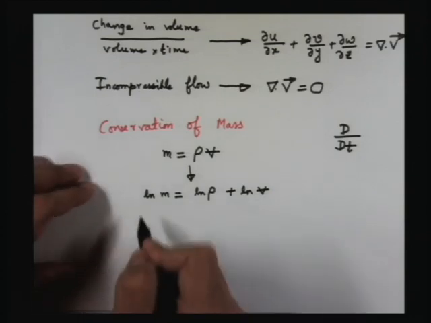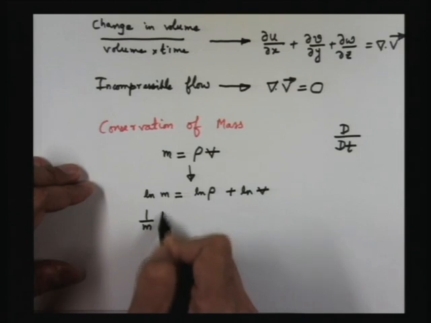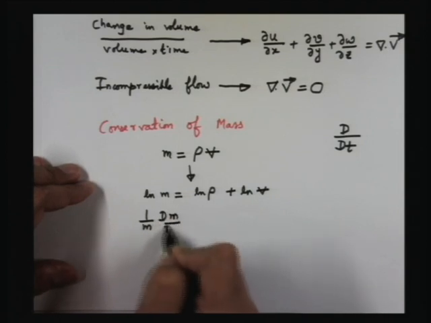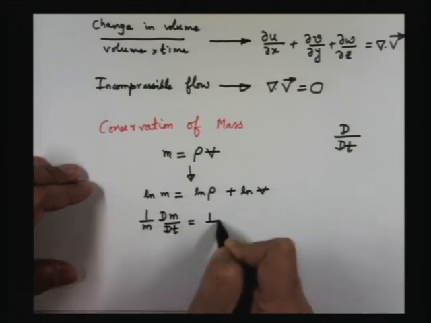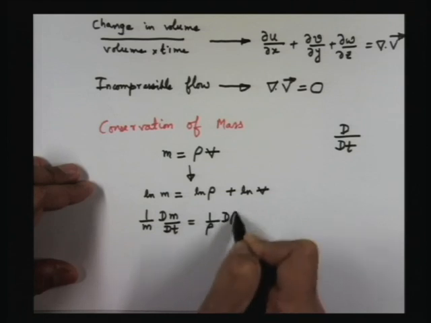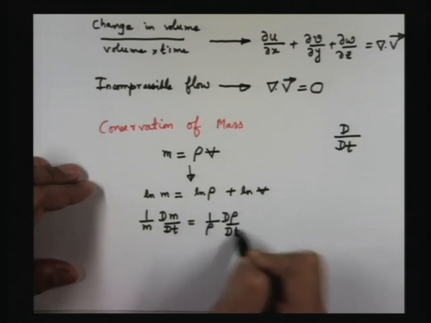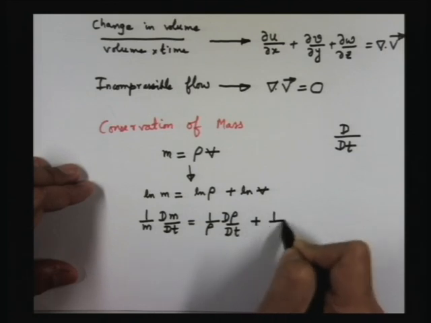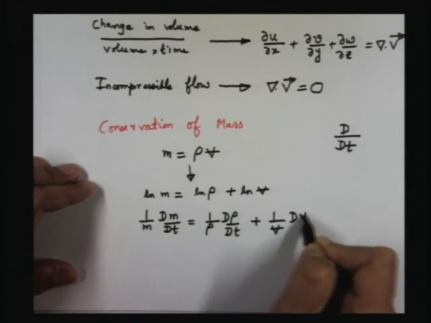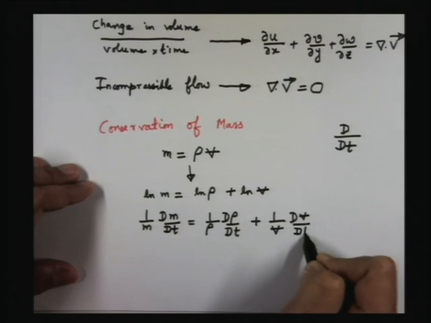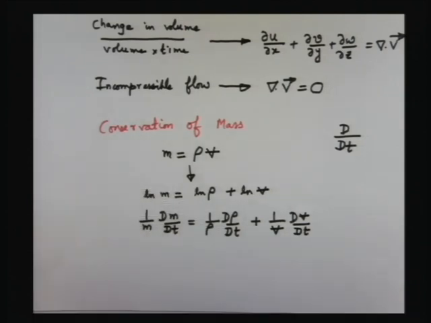So 1/m dm/dt is equal to 1/rho d rho/dt plus 1/v dv/dt. Okay. This is a very simple equation, but it is a physically very meaningful equation. So we will start looking into various terms in this equation.